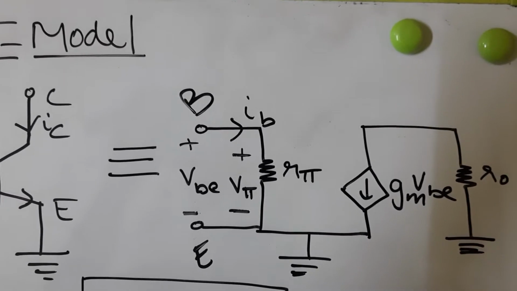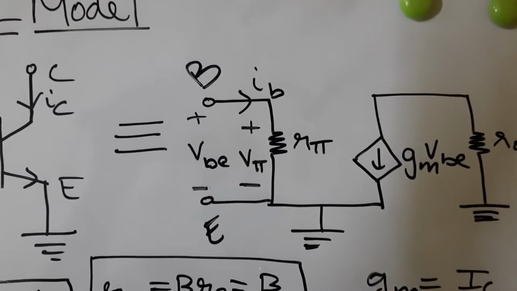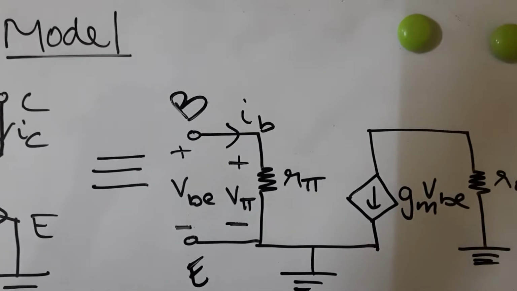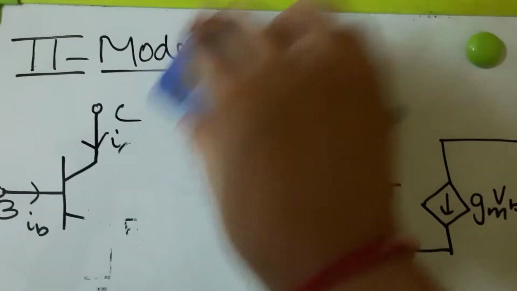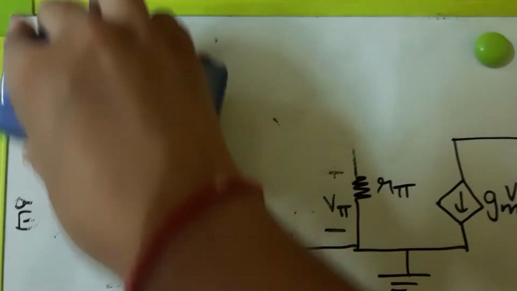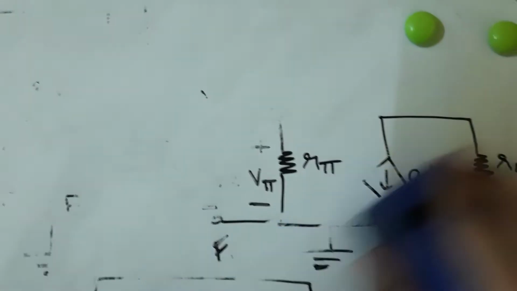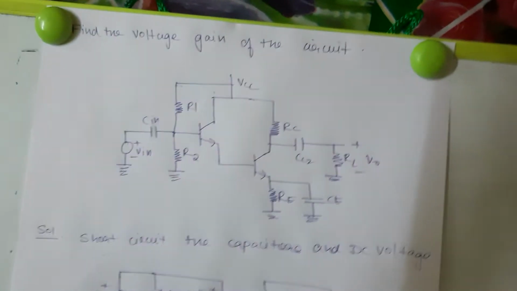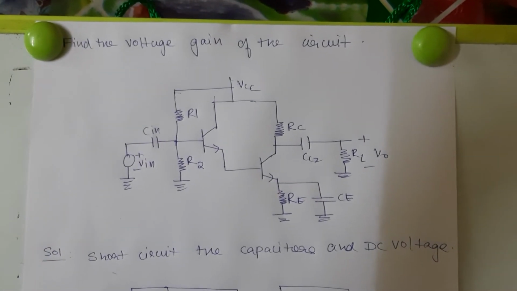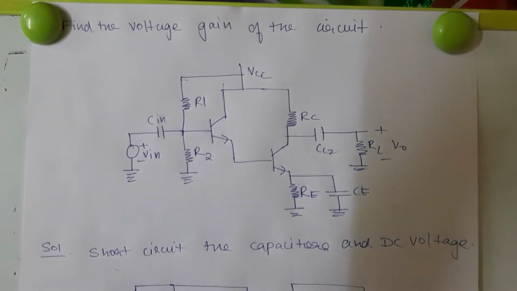Now let's see a complicated problem to explain this. We are asked to find the voltage gain of this particular circuit.